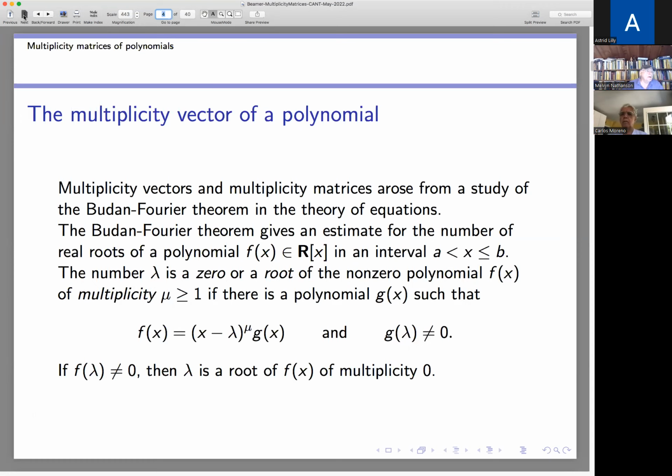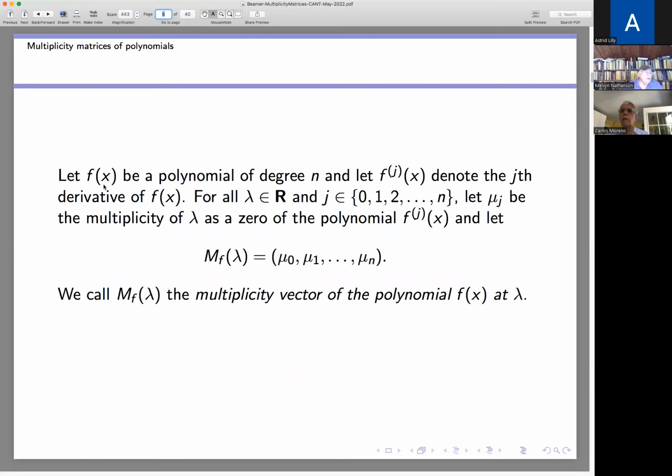So you take your polynomial of degree n, and you let f_j of x be the jth derivative of f of x. You pick your favorite real number lambda, and then you evaluate all of the derivatives of the polynomial at lambda, and let mu_j be the multiplicity of lambda as a zero of the jth derivative.